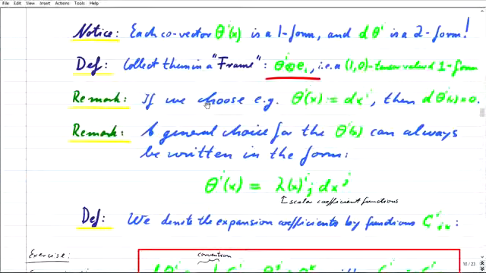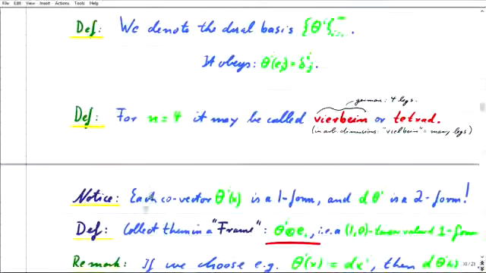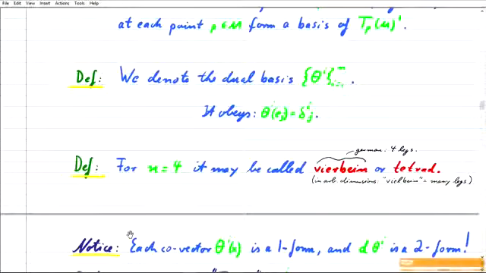Okay, so actually we will usually work more with the cotangent basis vectors than with the tangent vectors. But, you know, it's a matter of convenience really.